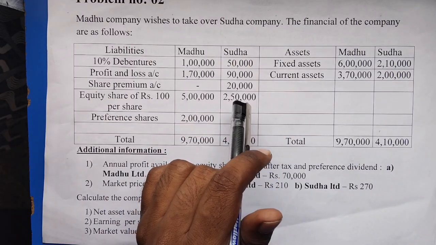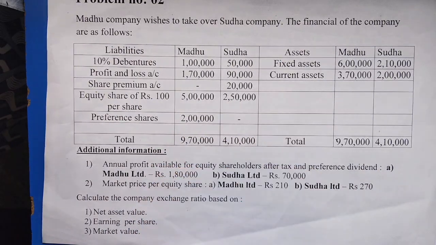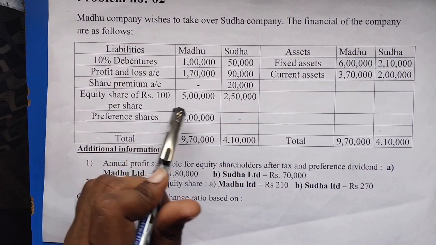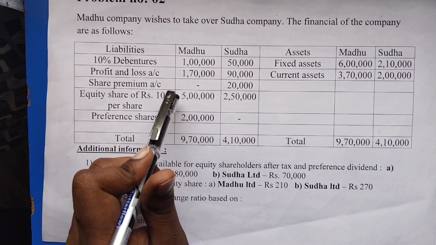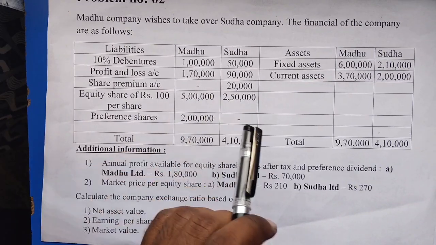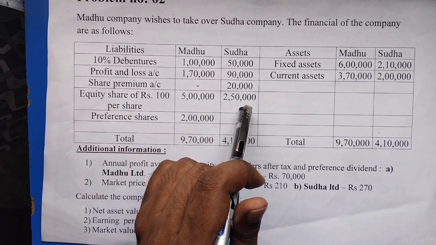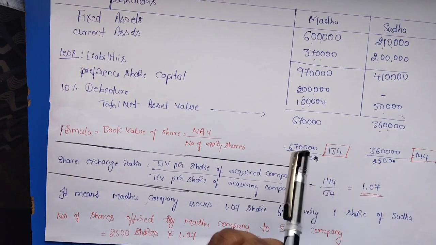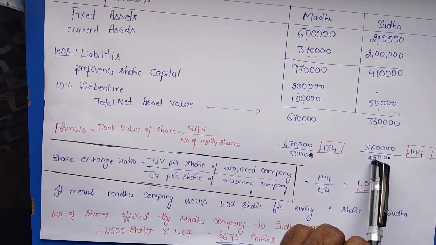Sudha company also holds 2 lakh 50,000 rupees worth of equity shares, and one share is 100 rupees. Now 5 lakh divided by 100 gives 5,000, and 2 lakh 50,000 divided by 100 gives 2,500 as the number of equity shares.